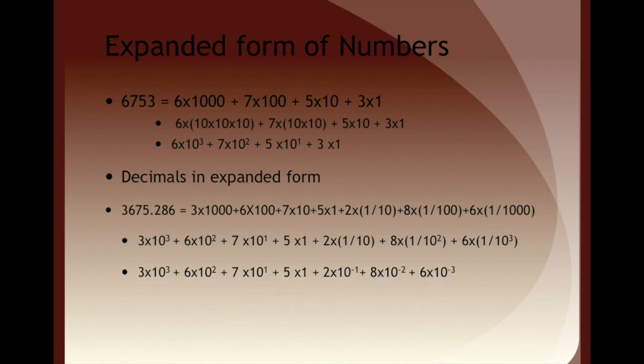Again we have to write everything in the numerator. So 1 by 10 becomes 10 raised to power minus 1, 1 by 10 raised to power 2 becomes 10 raised to power minus 2, and 1 by 10 raised to power 3 becomes 10 raised to power minus 3. So this is the standard way to represent a decimal in expanded form.